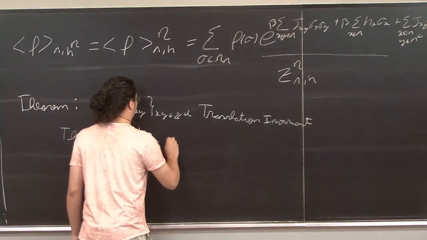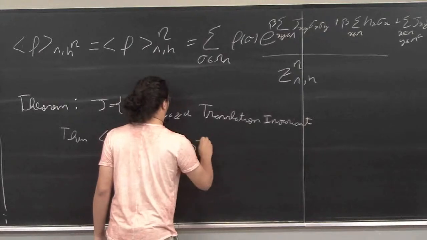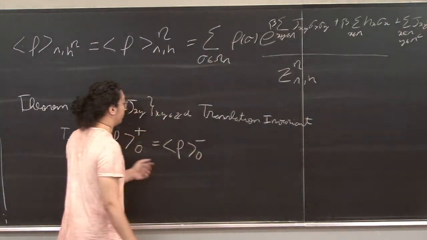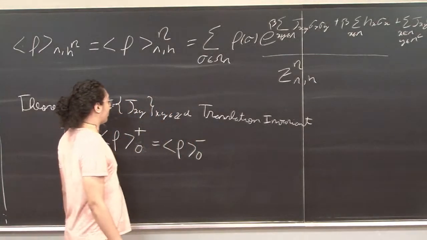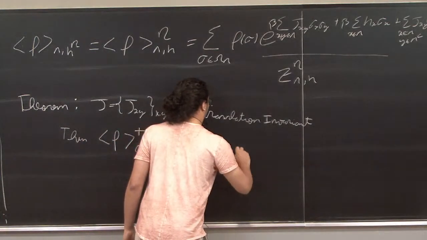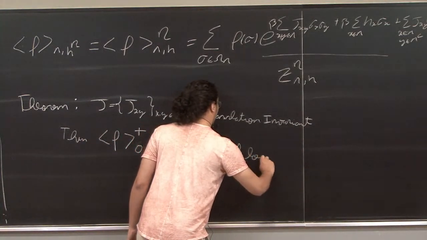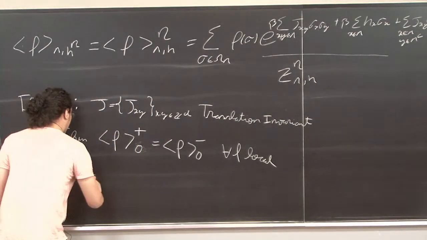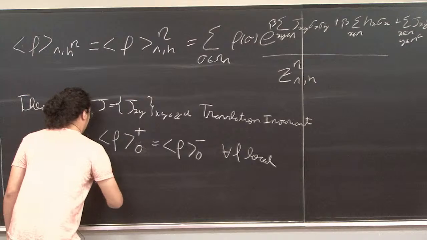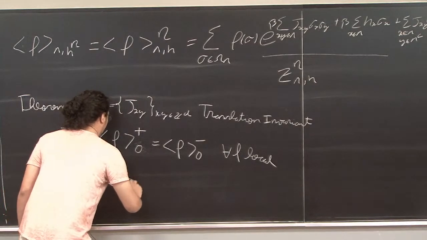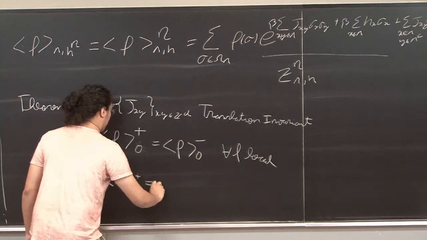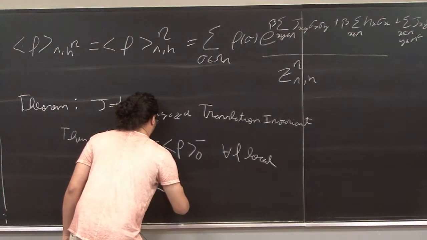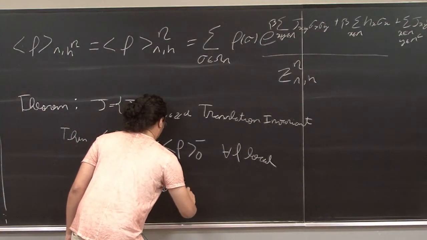And so if this happens for all local functions, again, these are the infinite states, so the states are equal for all local functions if and only if the mean at 0 is the same for all functions, right?